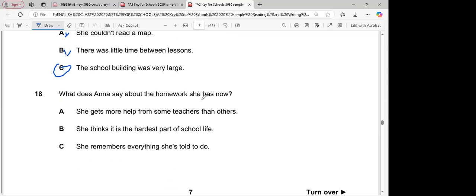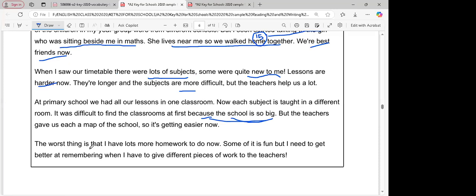What does Anna say about the homework she has now? She gets more help from some teachers than others. She thinks it is the hardest part of the school life. She remembers everything she is told to do. Let's see that. The worst thing is that I have lots more homework to do now.